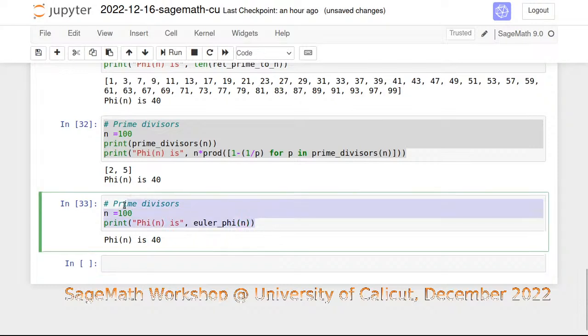Euler phi. That's what the function name is. Instead of doing all these things. That's it.